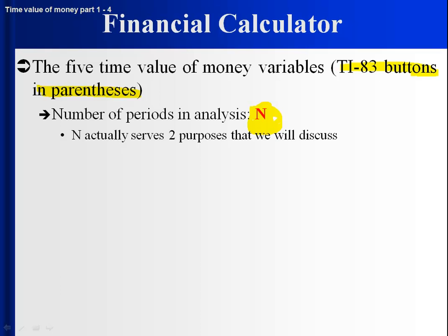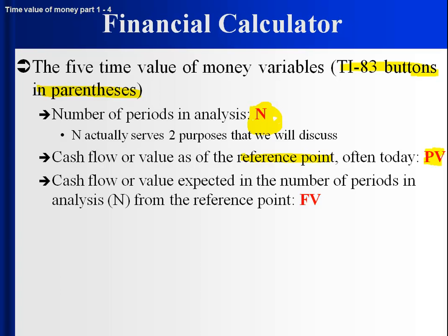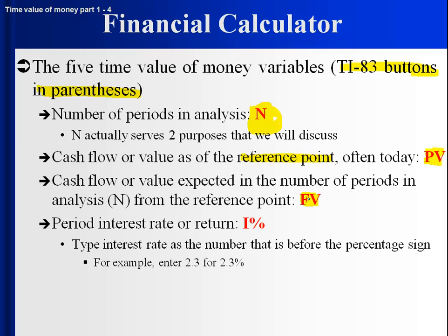The second is if we have a cash flow, or an investment or an asset that makes regular cash flows of a fixed amount, and is the number of those. We'll talk about that. At the beginning of our analysis, which we call the reference point, it's often today, not always, PV helps capture that. Often there's a value at the end of the analysis that's captured by FV.